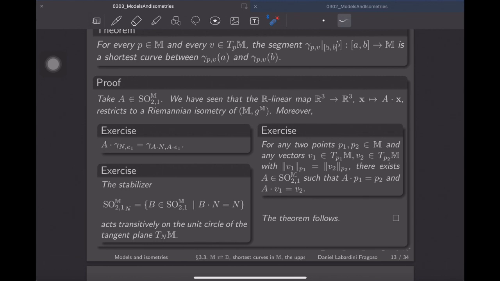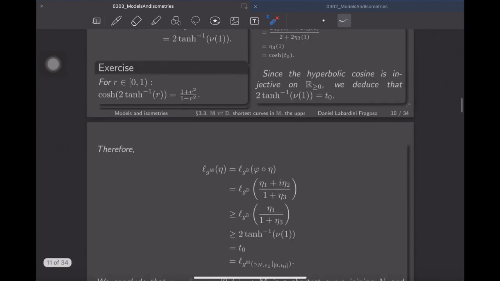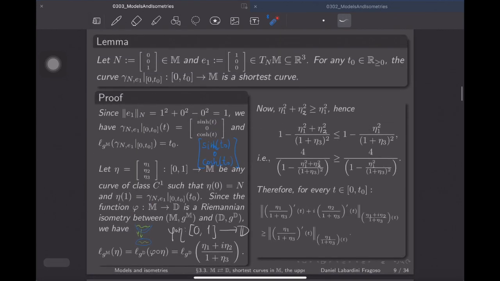So the first exercise that I think is really nice is that if you take the curve that we just worked with, this special curve that starts at the north pole with this initial tangent vector, the tangent vector (1, 0, 0), the one that we studied here.